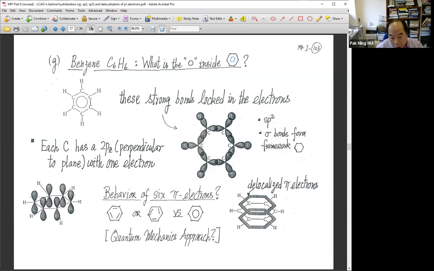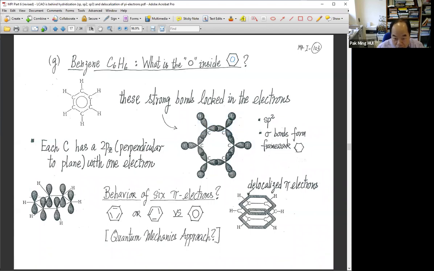Each carbon is doing sp2 on the xy plane. So here you see this carbon with its sp2, the other one with its sp2, and then they arrange each other so that they will have very good overlap. If you look locally here, it's very much like the C2H4 structure.